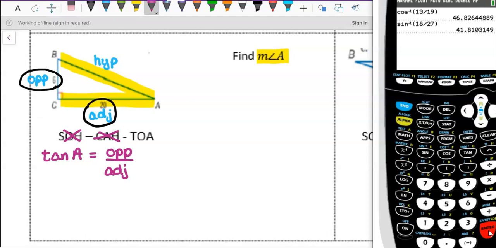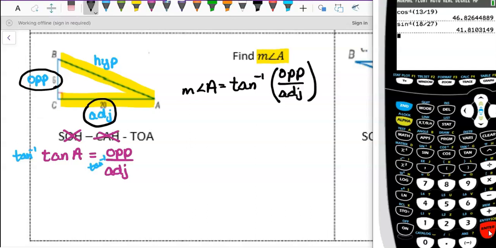Now that is going to find the side. To get the angle, we need to take that inverse. So we take the tangent inverse of both sides. The measure of angle A equals the tangent inverse of my fraction, opposite over adjacent. So the measure of angle A equals the tangent inverse of 6 over 20.